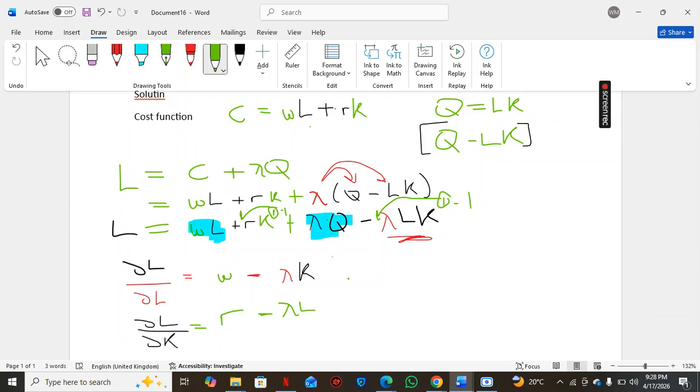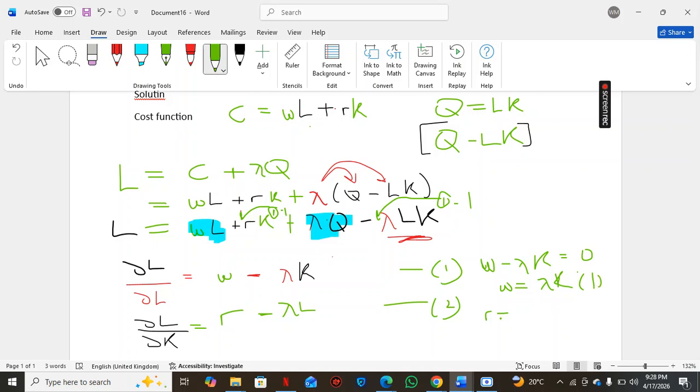Yes. So, with these two equations now, equation 1 and equation 2, okay, you can say you equate them to 0, so you say W minus lambda K equals 0. So W equals lambda K. Similar with this one here, R minus, this is still equation 1, okay?